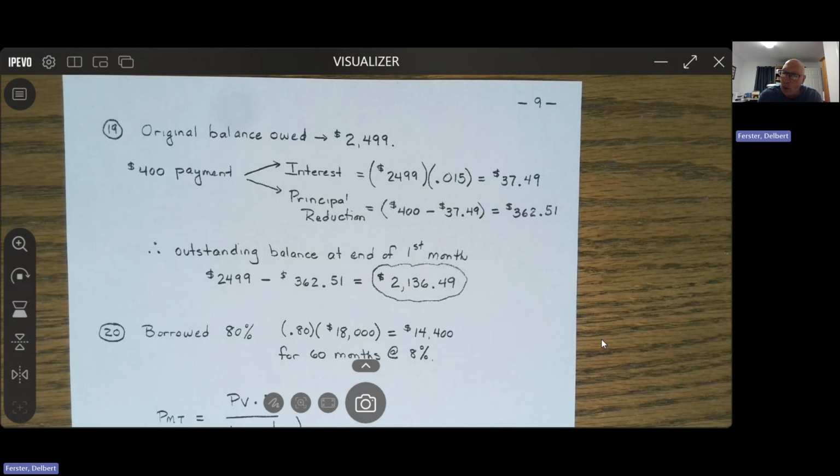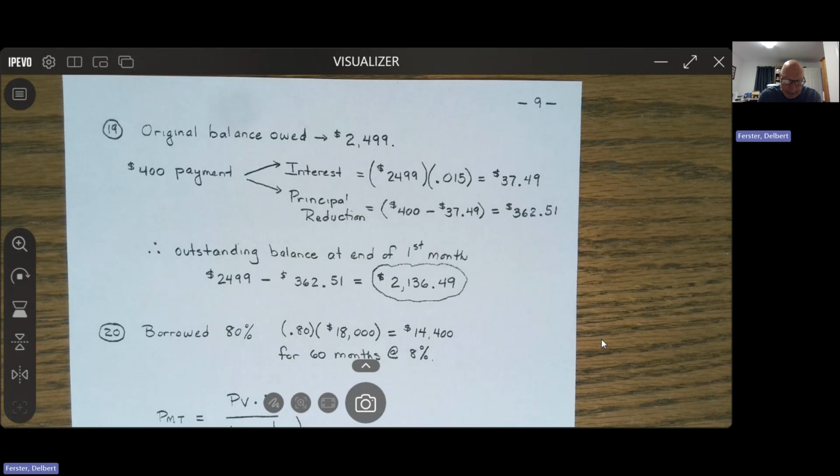So we'll simply take the $24.99, which was his original debt amount, and subtract the $362.51, and we find that at the end of that first month, he still owes $2,136.49, and that is his outstanding balance at the end of month 1, and as such, it's our final solution for problem number 19.